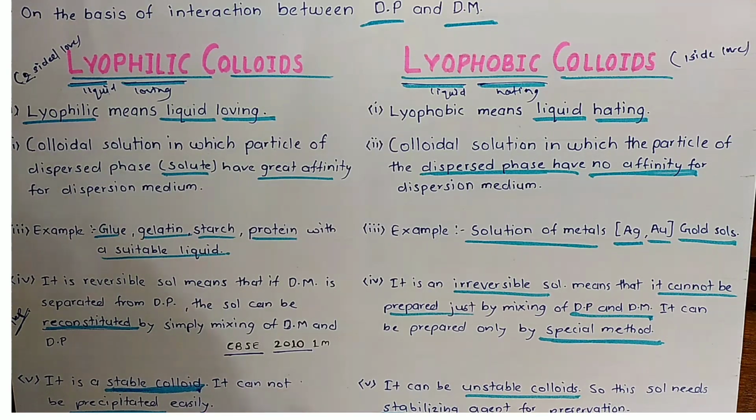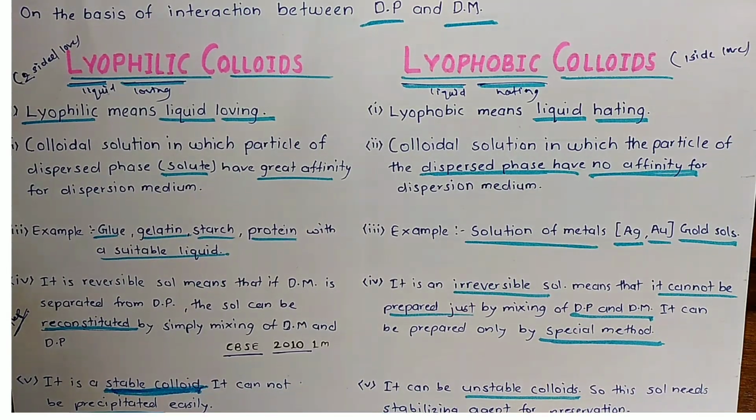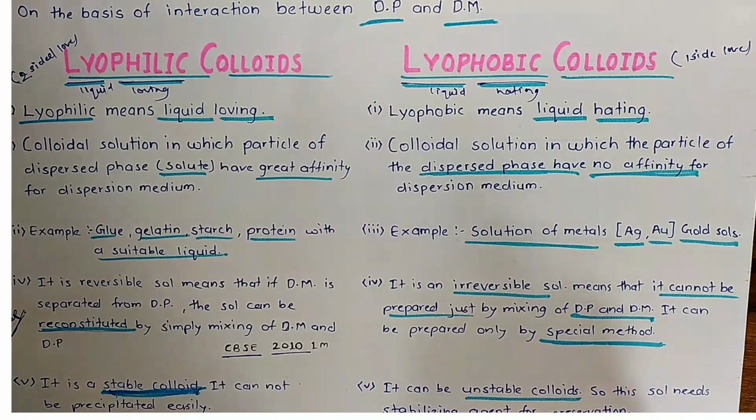It cannot be precipitated easily, and it doesn't require a stabilizing agent because it is already stable. But a lyophobic colloid can be unstable, so this sol needs a stabilizing agent for preservation.